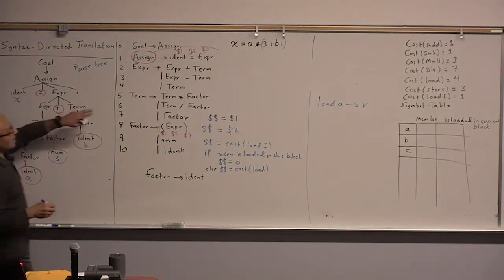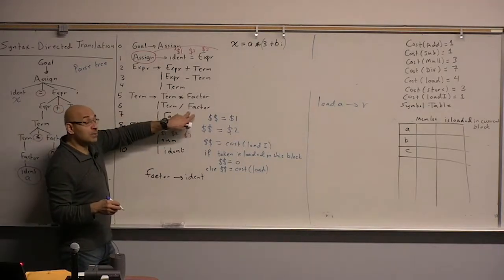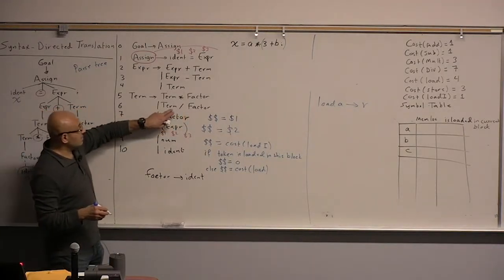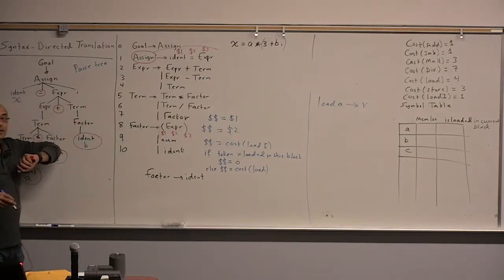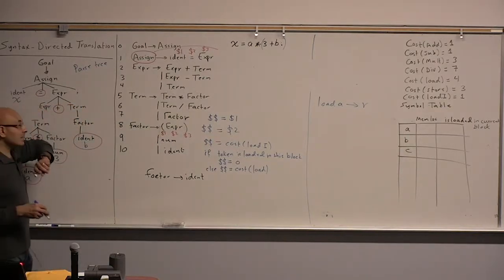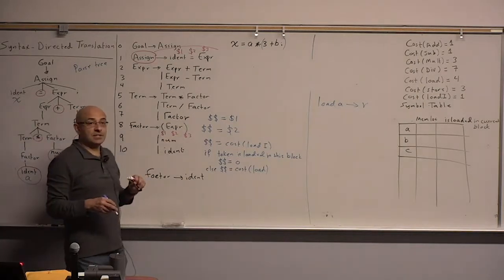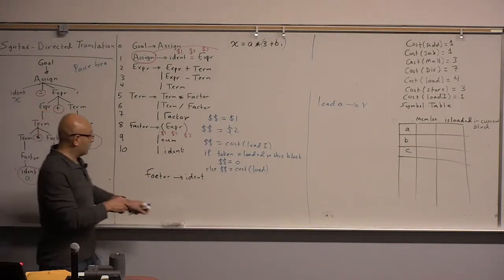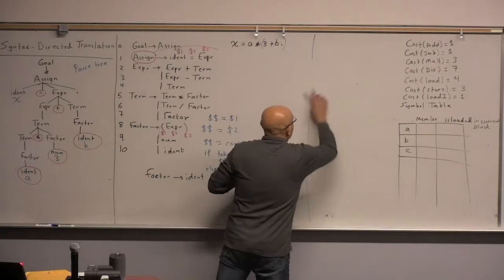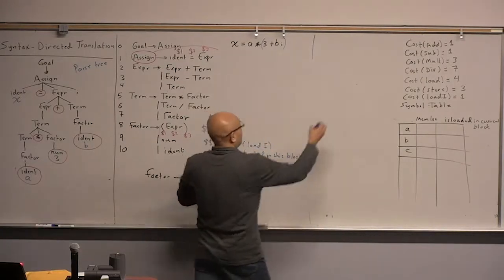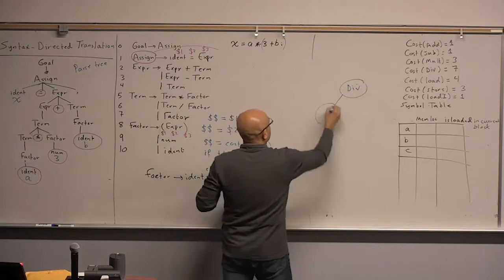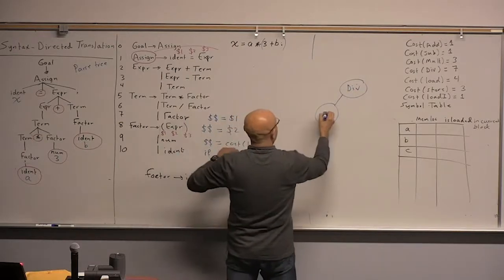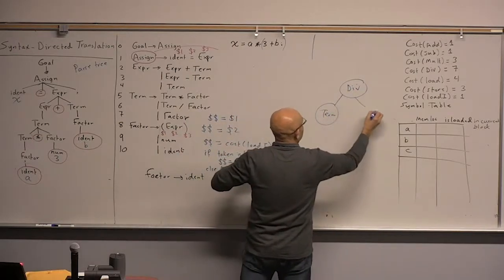Now what should be the cost of term divided by factor? Cost of dividing? Well, that's not sufficient, because if you are dividing, you have a divide in this tree, and you have a term and a factor.